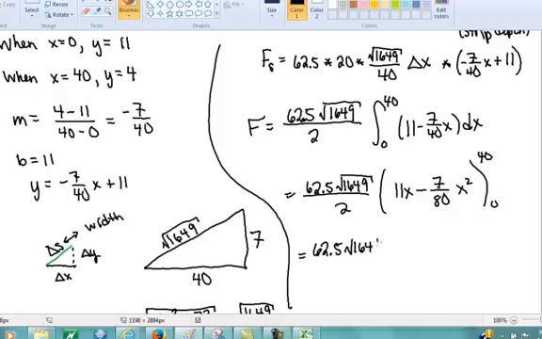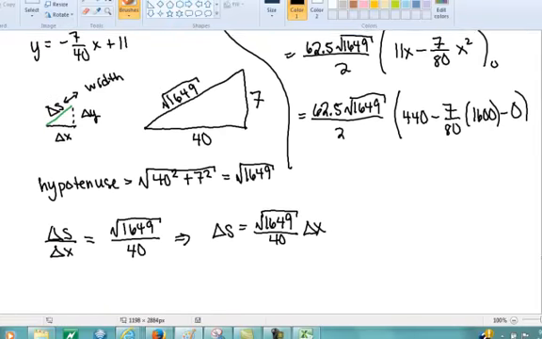I'm not going to round off until the end. Well, you could do the 2 into it. I guess that would be fine. So plug in the 40. 11 times 40 is 440 minus 7 over 80, and 40 squared is 1600. Both times we plug in 0, we get 0.